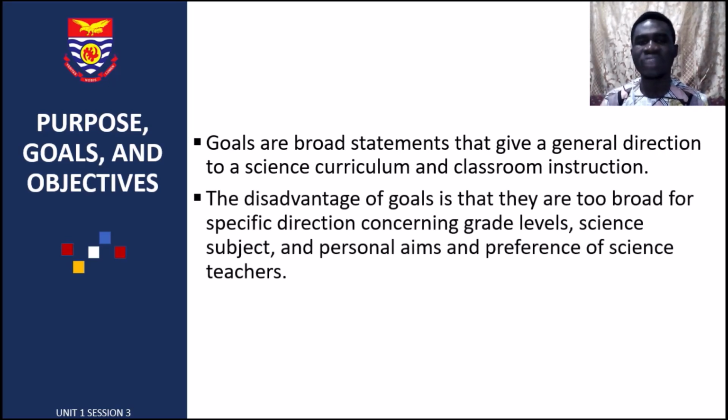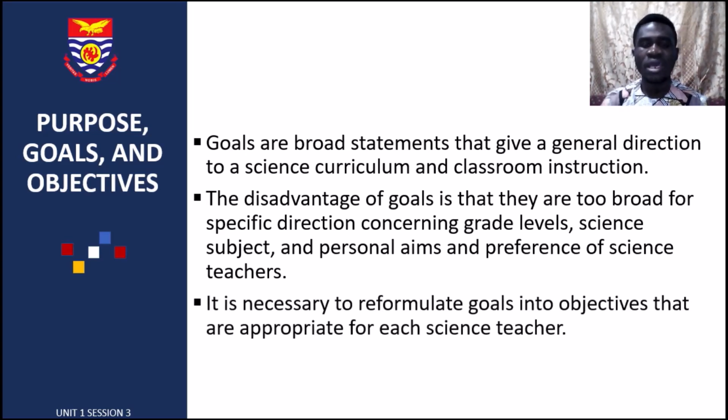The disadvantage of a goal is that it is too broad for specific direction concerning a grade level, concerning the science subject, concerning the personal aims and preference of science teachers. And it is necessary as a teacher to reformulate these goals into objectives that are appropriate for each science teaching.